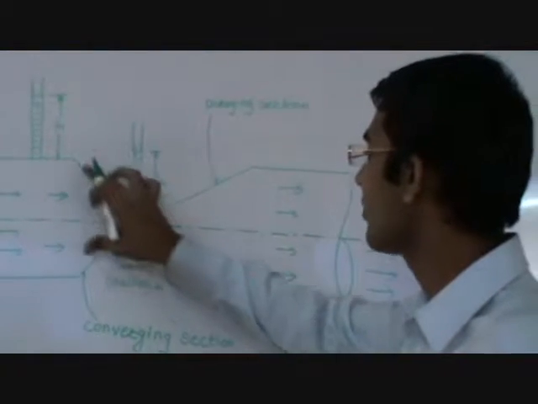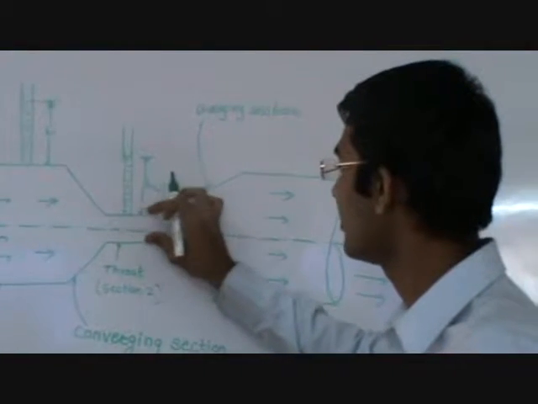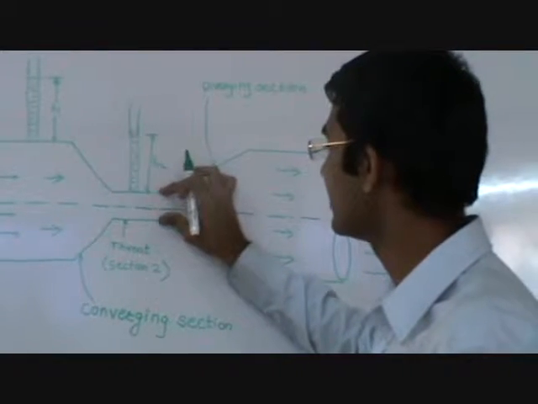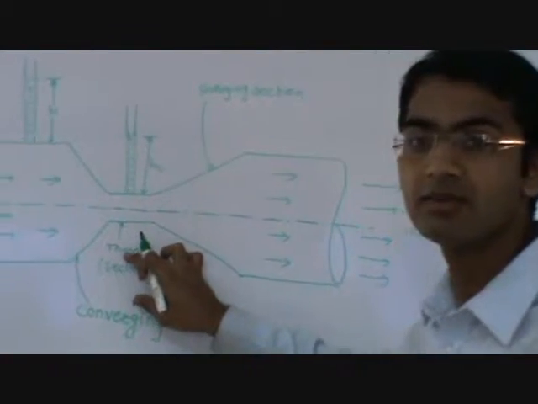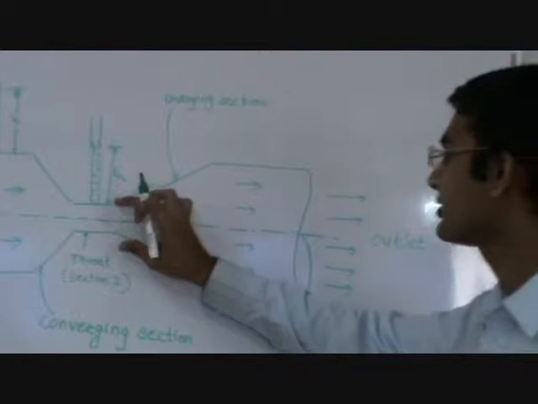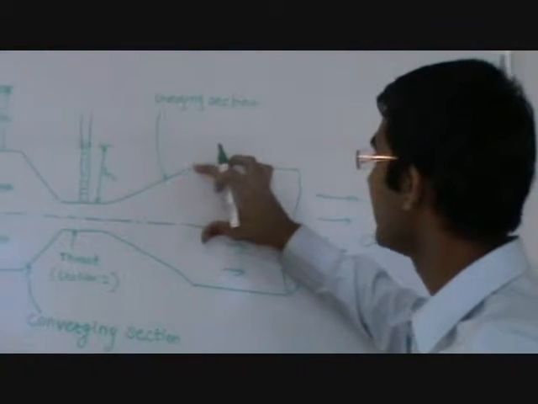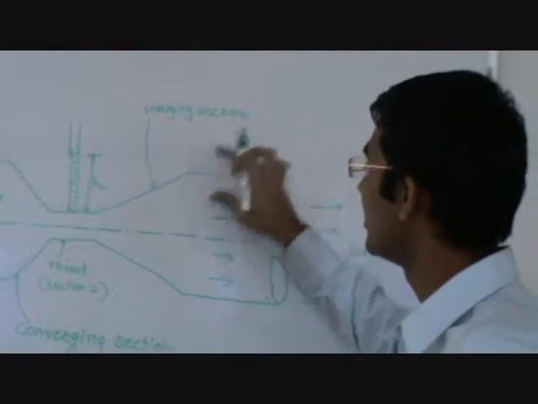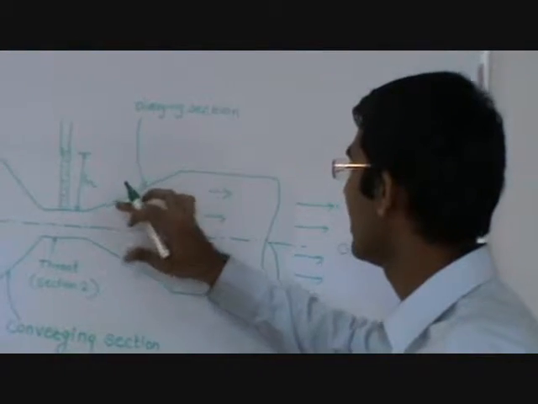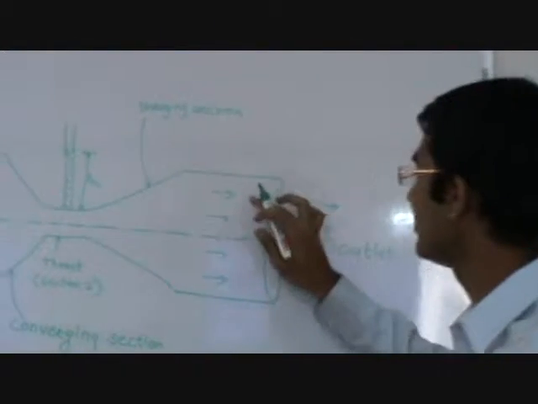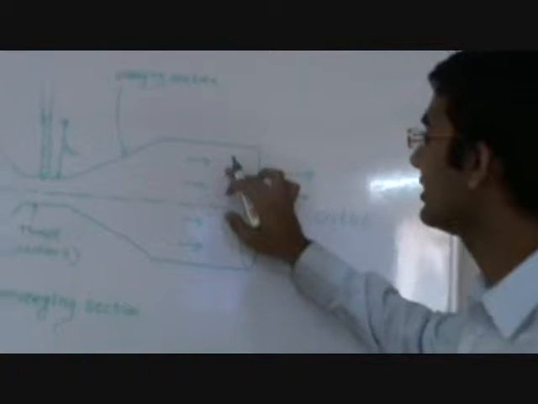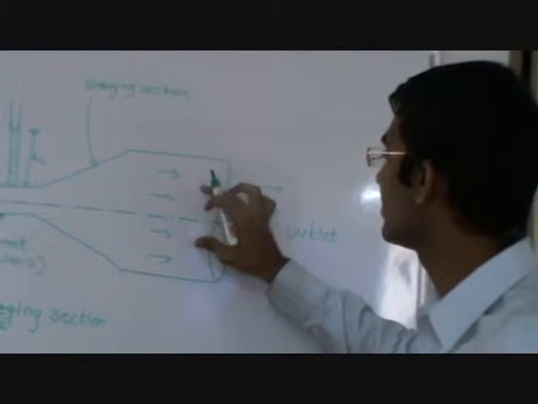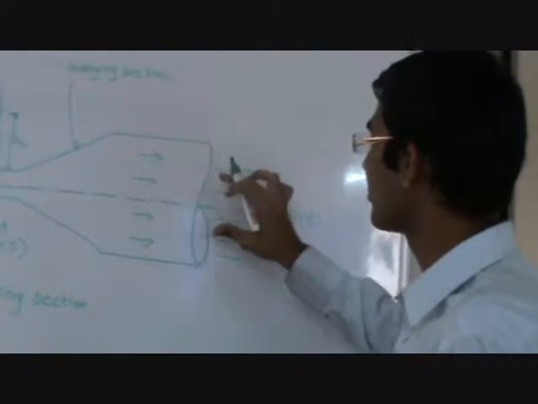And this convergent section is followed by this simple small straight section. This section we are calling a throat, and then this throat section is continued by a divergent section, and this divergent section is followed by another section, which we are calling the outlet section, from which the fluid can flow out of the venturimeter.